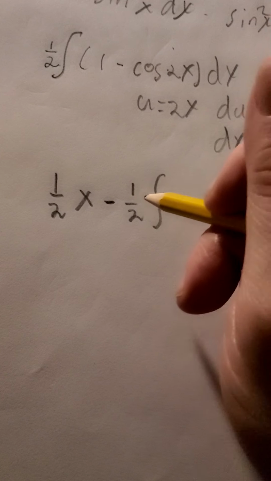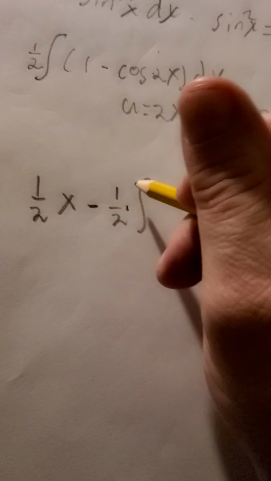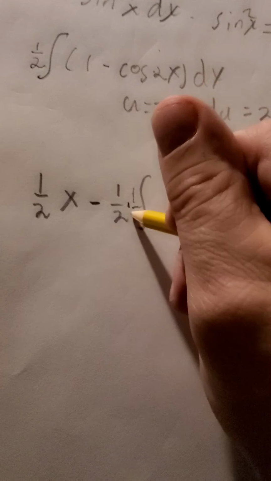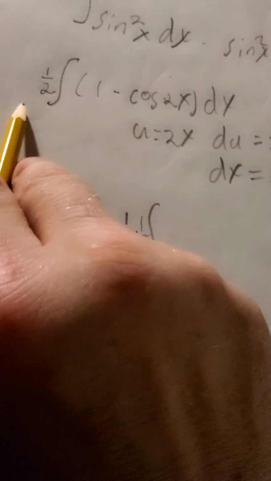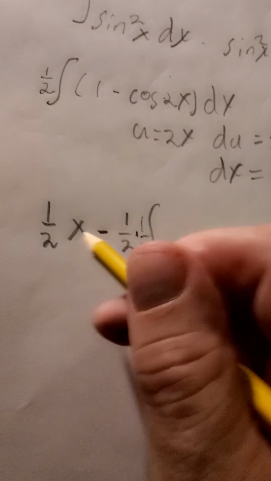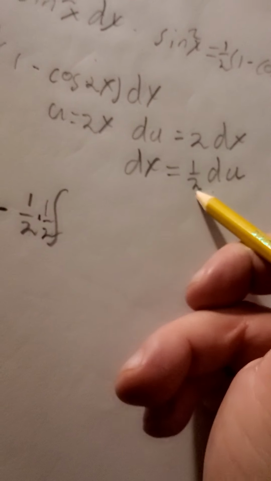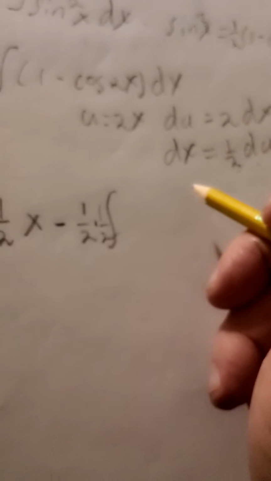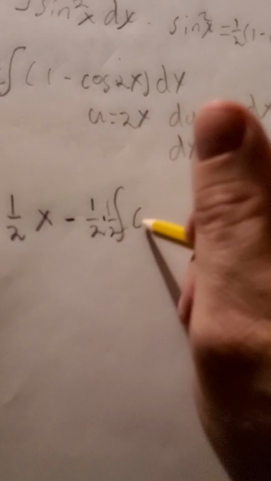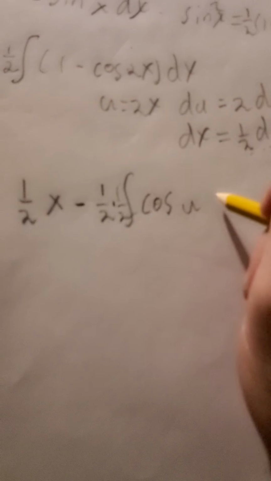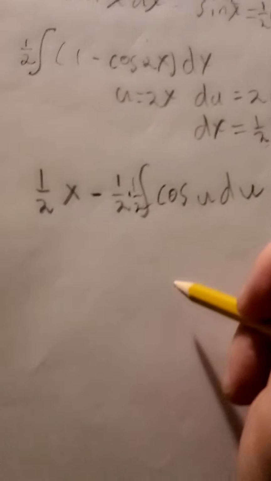Okay, I have 1/2 out there, so it's going to be 1/2 times this 1/2, because I was multiplying 1/2 by both of these. So 1/2 x minus 1/2 times 1/2, because you got 1/2 du, okay, of cosine u du. Now I'm in u world.